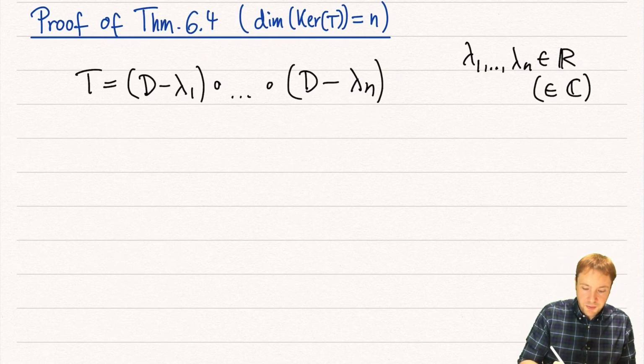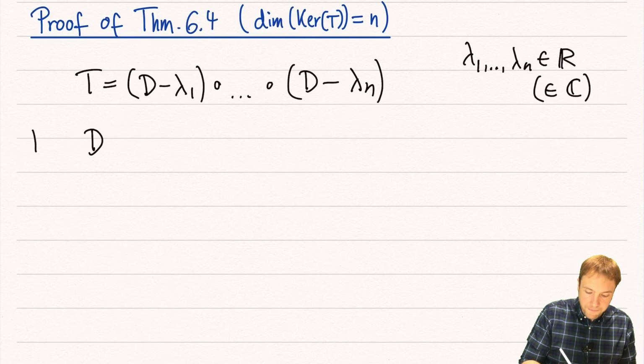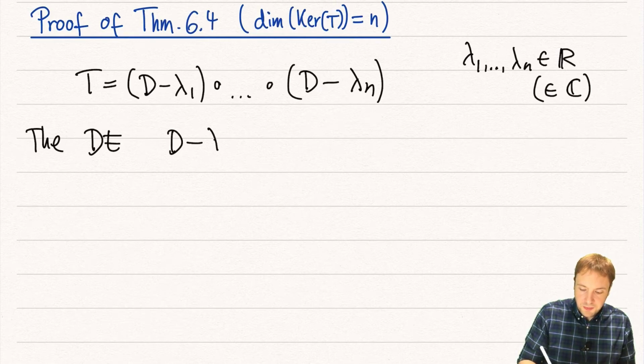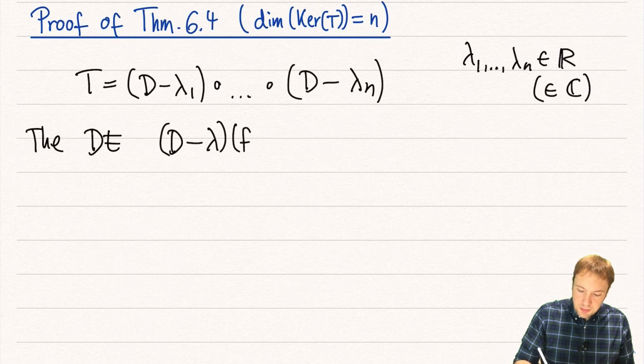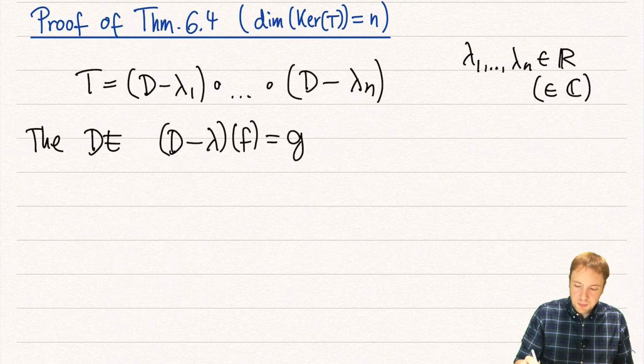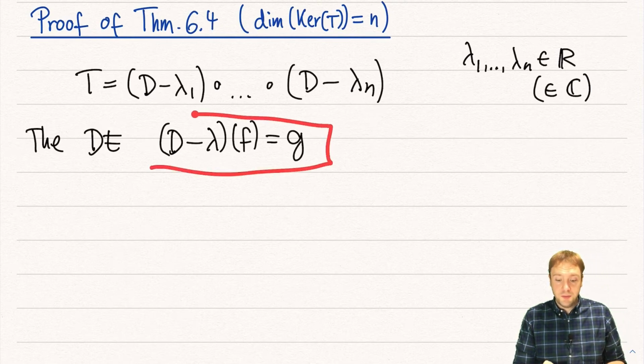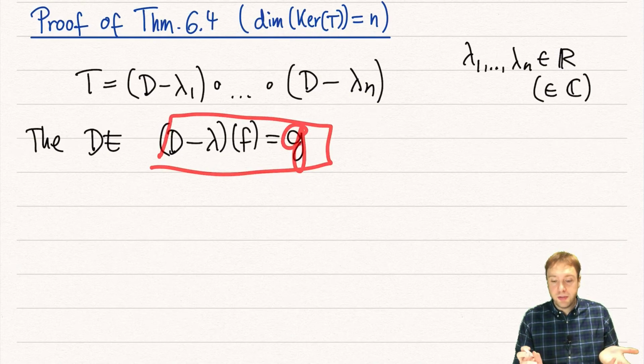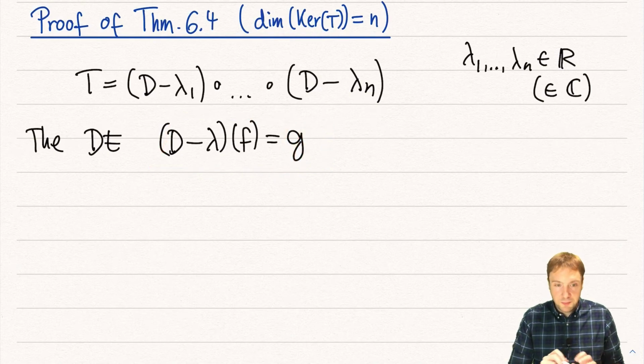Last time we saw that for the differential equation, if I just have a term like this, what is the solution of this differential equation here, where g is some arbitrary smooth function?